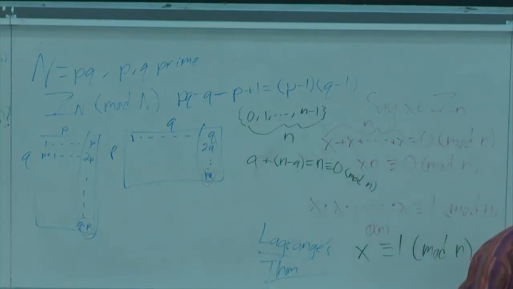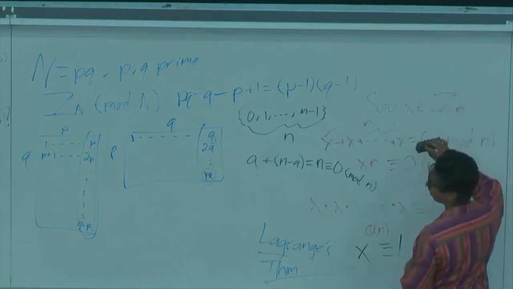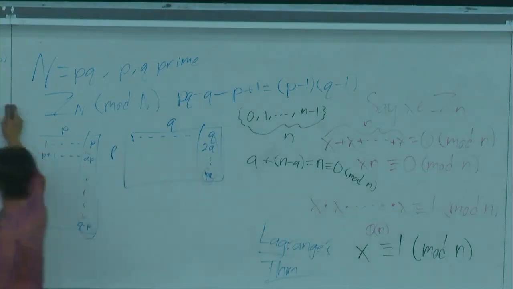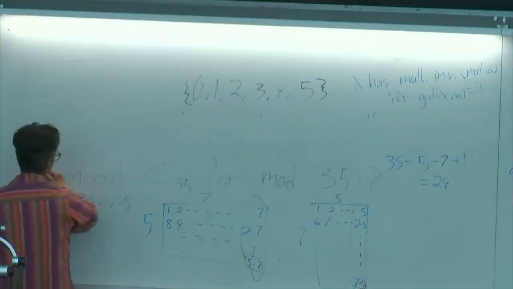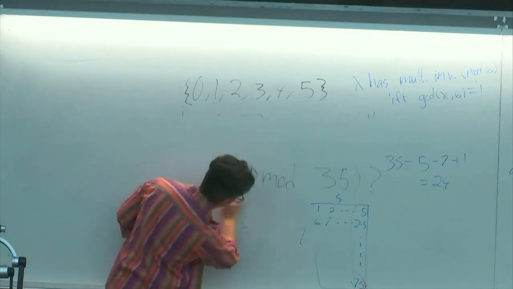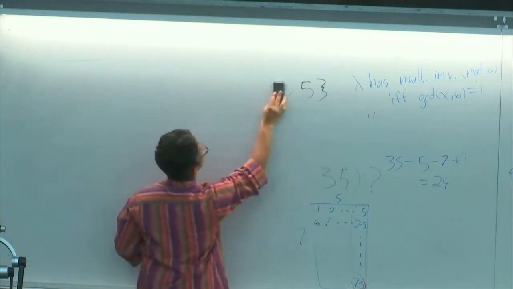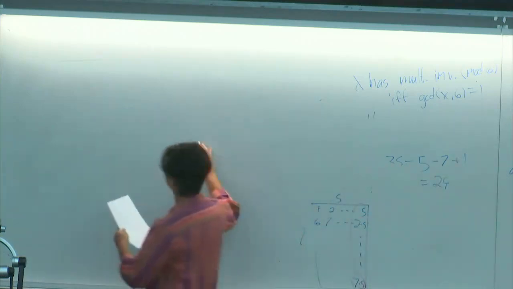All right, so I'm going to go over here. We're going to play a little game now. I once again have a number in my head that I'm not telling you. I have x.